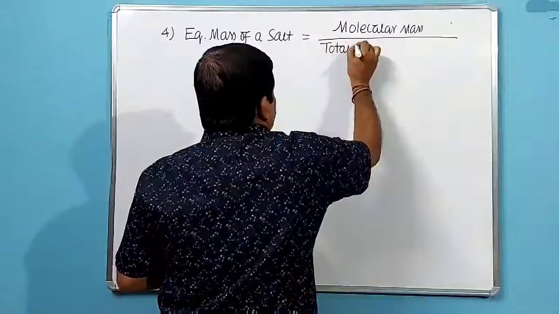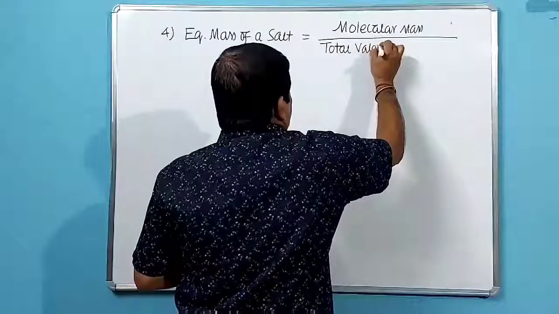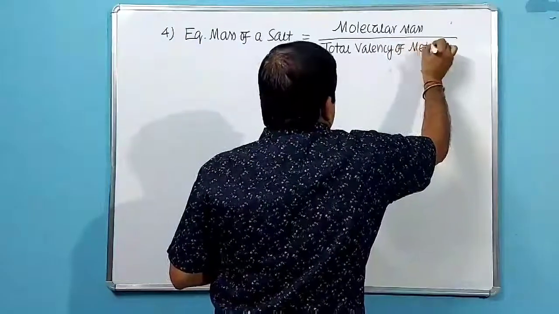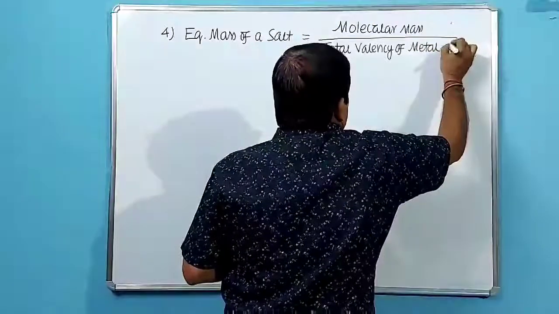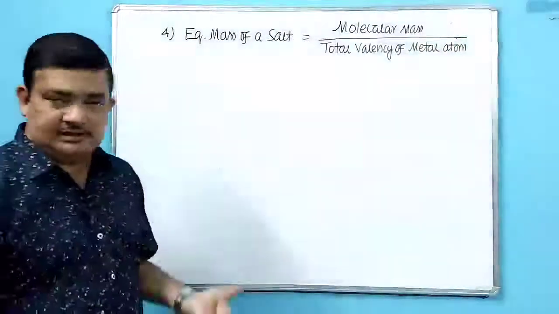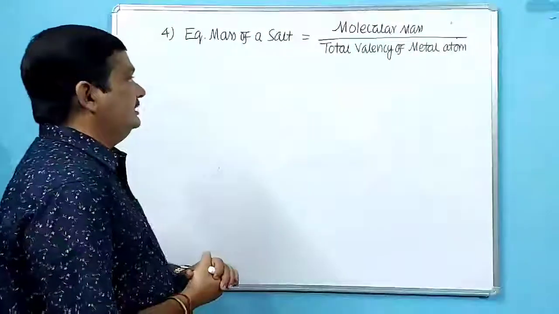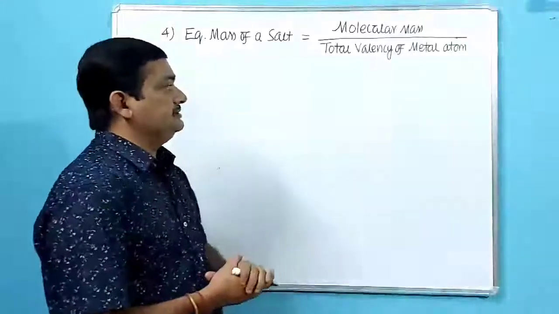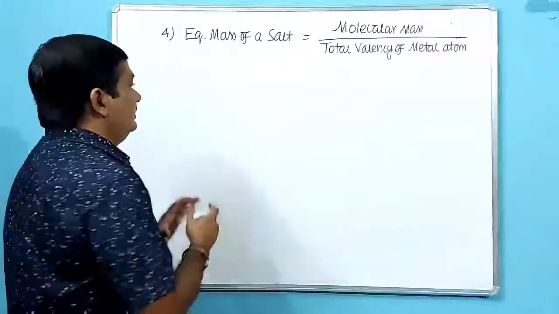You have to remember this word, total. Total valency of metal atom, you can say metal ion also. So the equivalent mass of a salt is equal to molecular mass by total valency of metal atom.